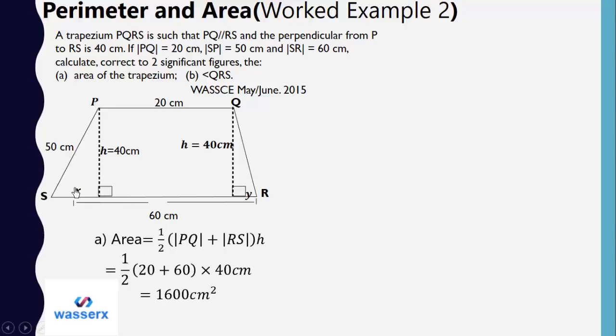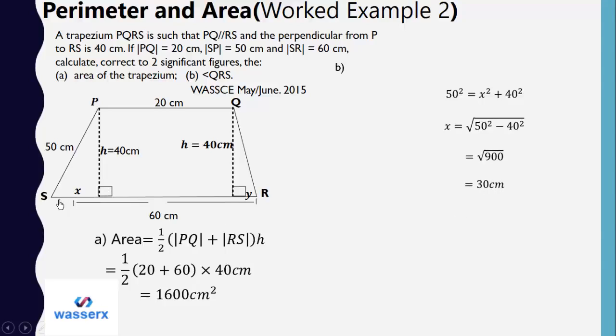Now from this triangle we can find X. So we know that 50 squared equals X squared plus 40 squared. That is from the Pythagoras theorem. Then we determine the value of X to be equal to 30 centimeters.